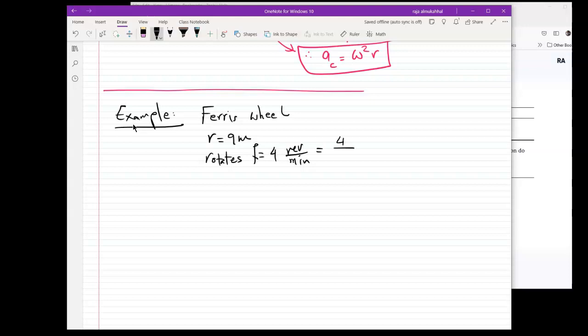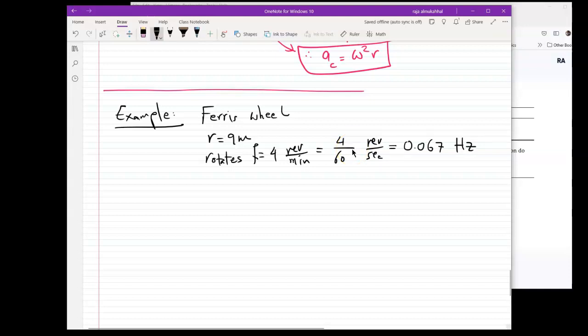So that's 4 divided by 60 rev per sec. Using my calculator, it's going to be a tiny number, 0.0667, so about 0.067 revolutions per second, or hertz.